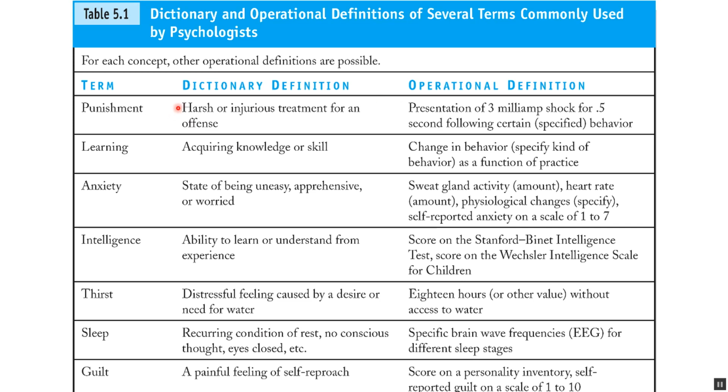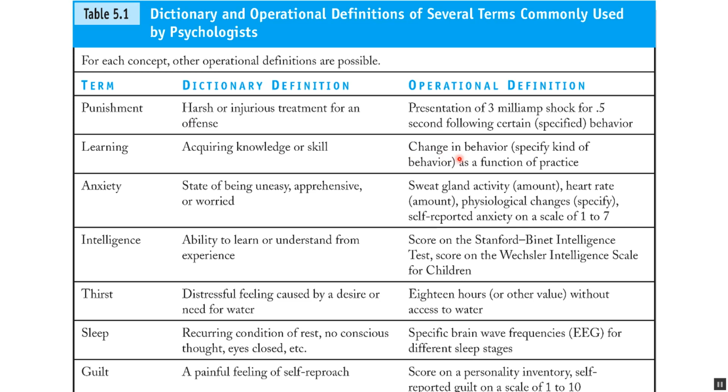Punishment is a harsh or injurious treatment when someone does something wrong. Punishment to a psychologist is something specific, such as the presentation of a 3 milliamp shock for half a second following a specified behavior. Learning means acquiring knowledge or skill.